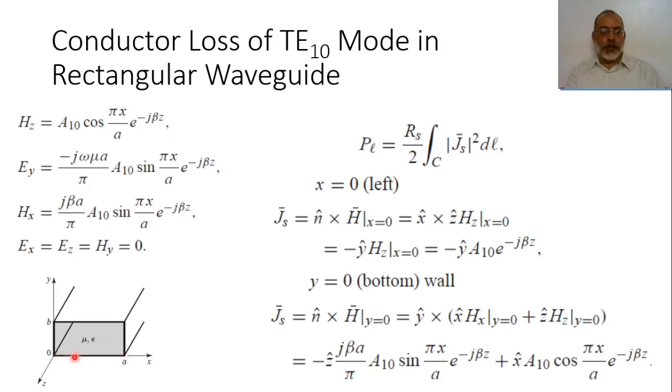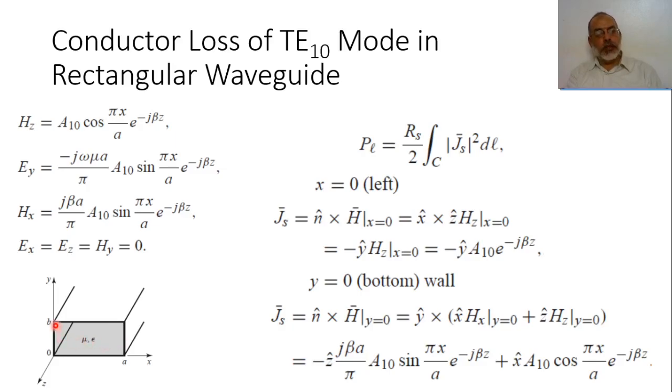Effectively, for the planes y equals 0 and y equals b, the tangential field components are Hz, which we already have, and Hx. Hx is tangential in this case. So in the plates y equals 0 and y equals b, we have two components. A component proportional to Hz squared and another component proportional to Hx squared.